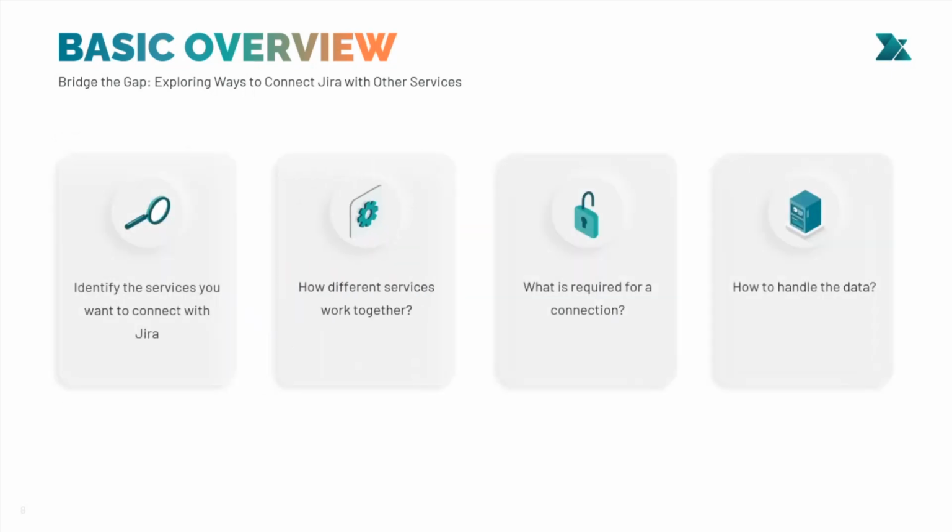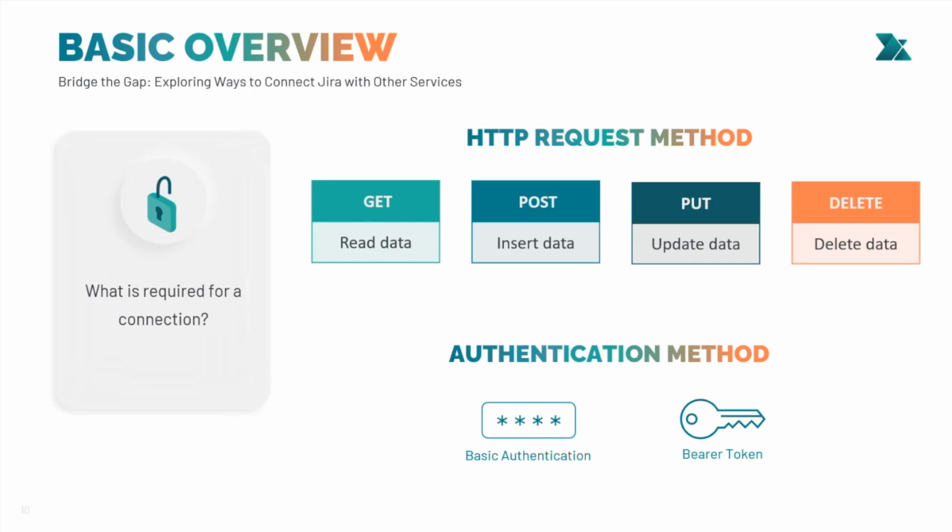Next up, what is required for a connection? We have several methods that we can use. For example, a GET method is used to read or retrieve data from a service. We have a POST method to create new data. This is what we are using later. A PUT method to update existing data. And with the DELETE method, we can remove existing data.